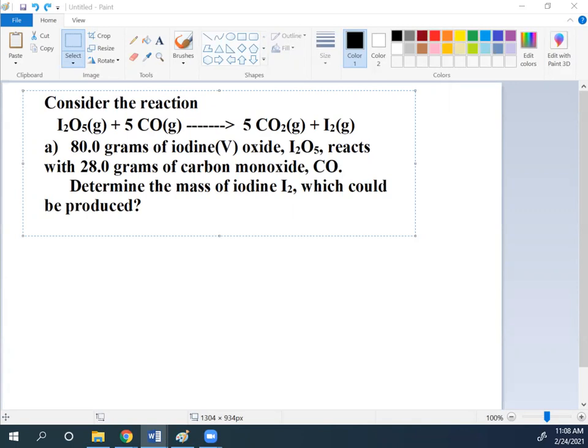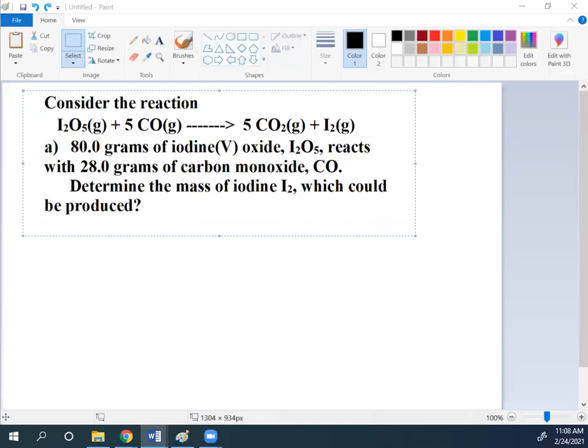Consider the reaction: diiodine pentoxide reacts with carbon monoxide to form carbon dioxide and iodine gas. And it should have said, if 80.0 grams of iodine pentoxide reacts with 28 grams of carbon monoxide, determine the amount of iodine that can be produced.